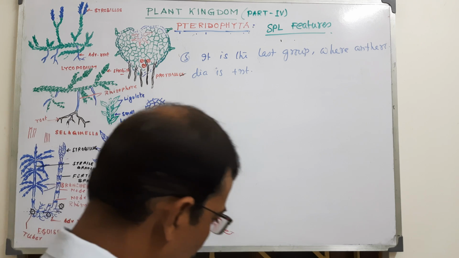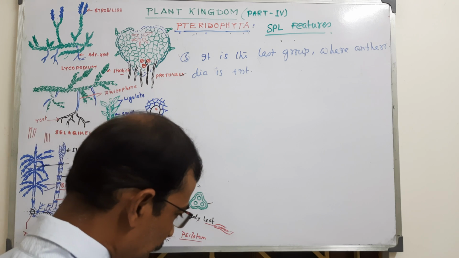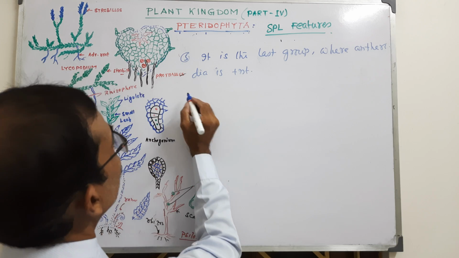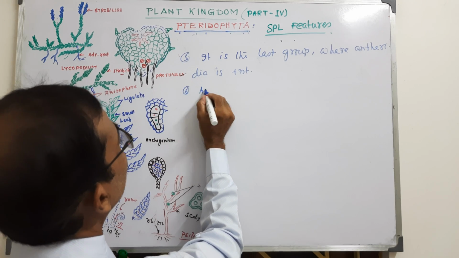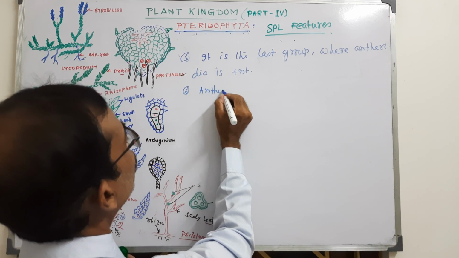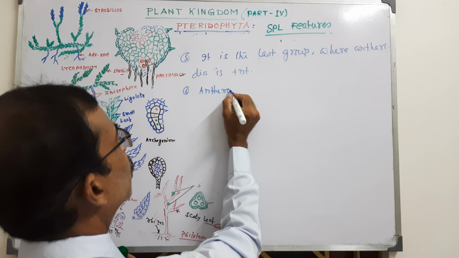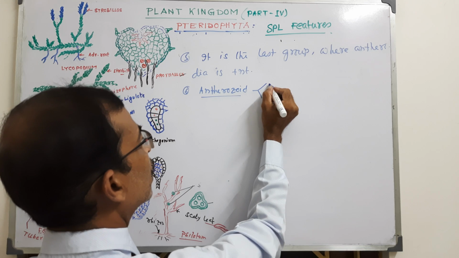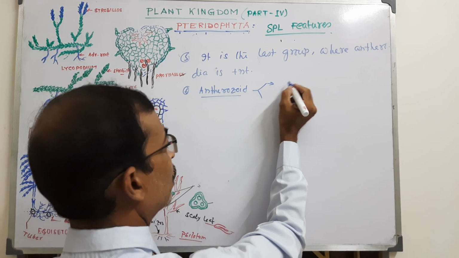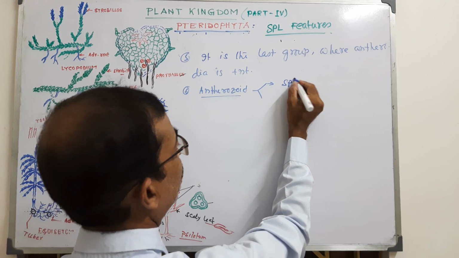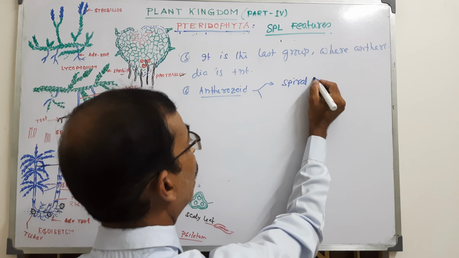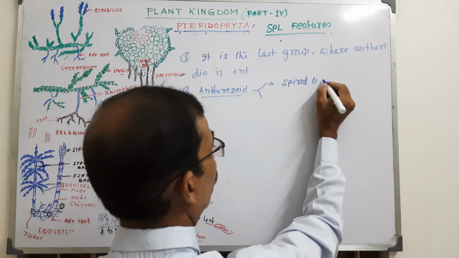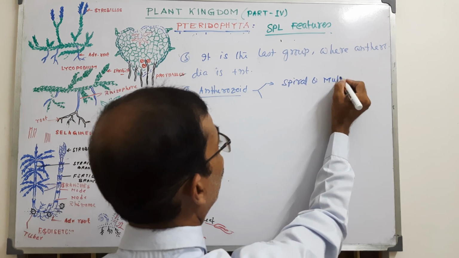Now, next point about antherozoid. Antherozoid, that is sperm, may be commonly spiral and biflagellate mainly, and multiflagellate.